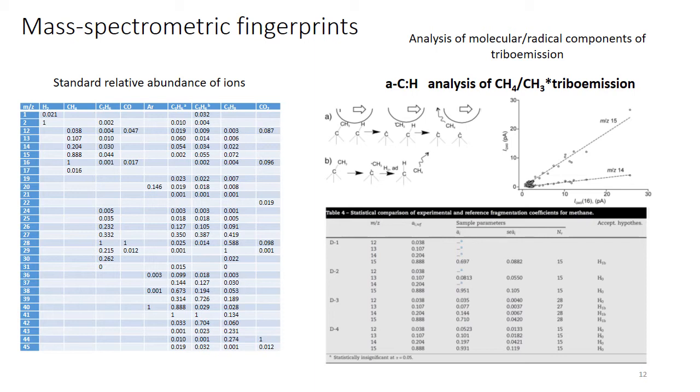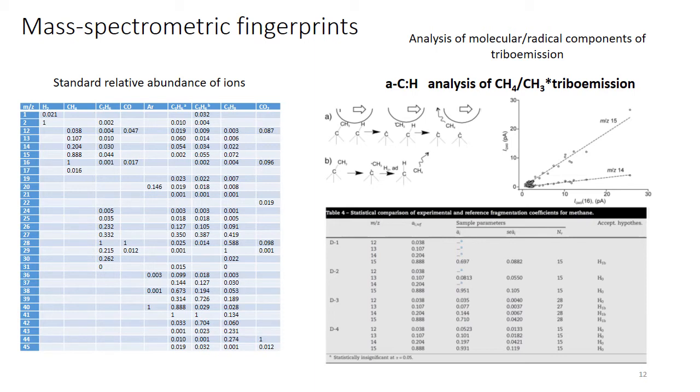We need to make this plot of different channels from 12 to 15 with respect to channel 16, and these linear fits give us directly the relationships between the masses selected in relationship with mass 16.